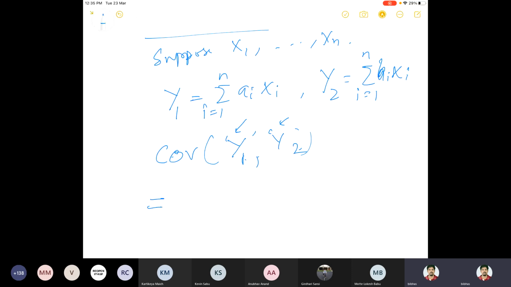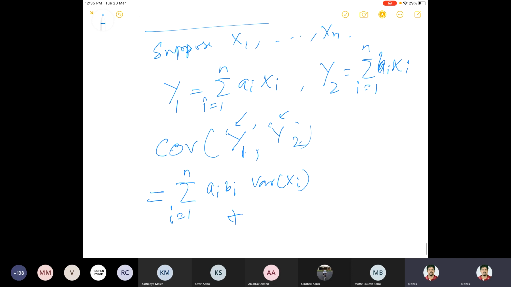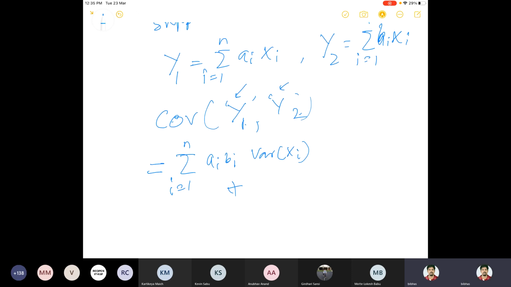Then this can be written as the sum over i equal to 1 to n of ai bi variance of xi, plus the sum over i less than j of (ai bj plus aj bi) times covariance of xi xj.